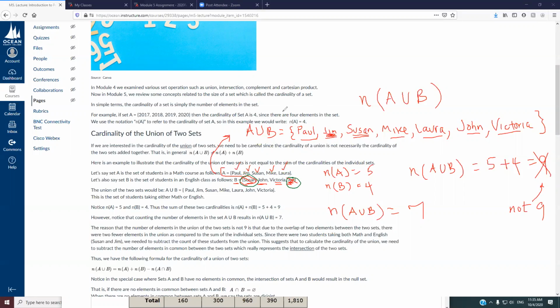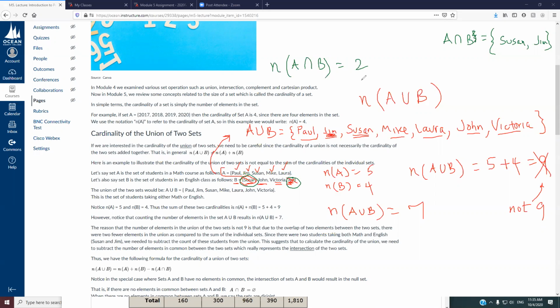If I asked you what was the intersection of A and B, the intersection are those elements that show up in both. So A intersection B would have been Susan, Jim. So the number of elements in A intersection B would have been 2.